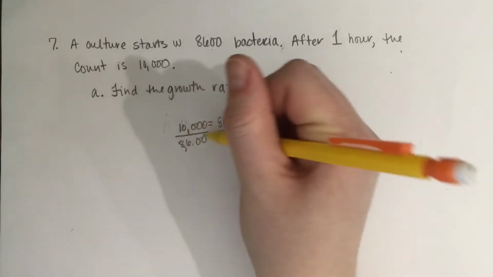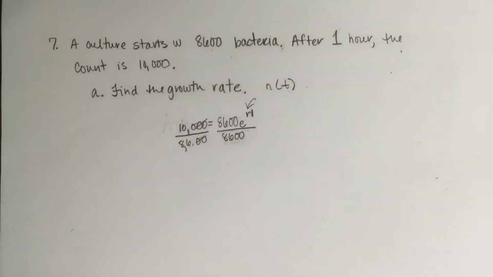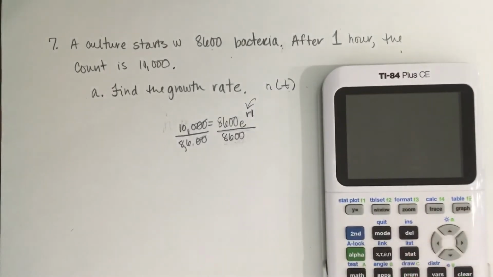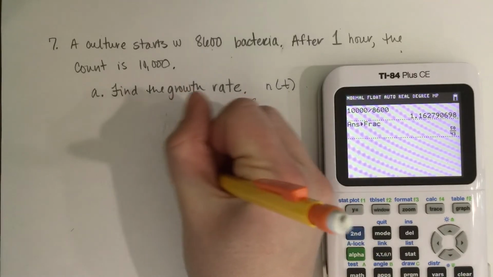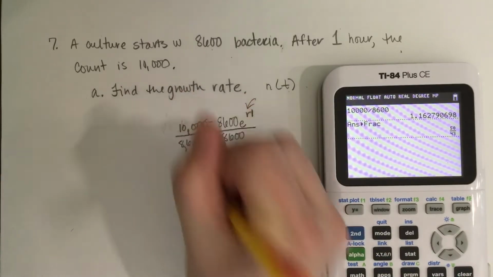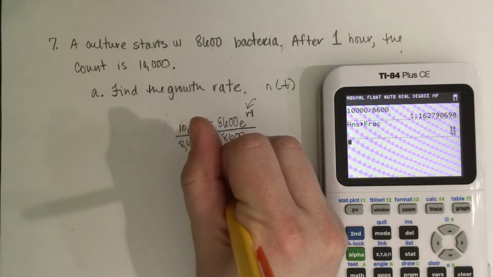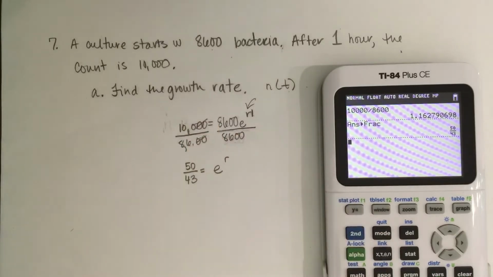So when we go to do this problem, the first thing we're going to have to do is divide by 8,600. So we end up with 50 over 43 equals e to the r.